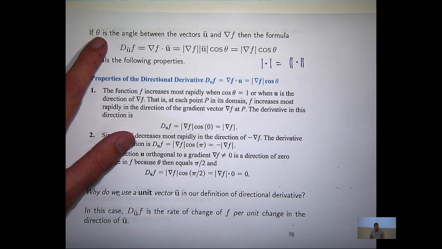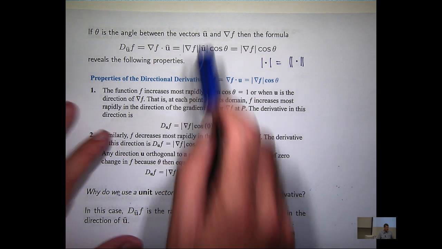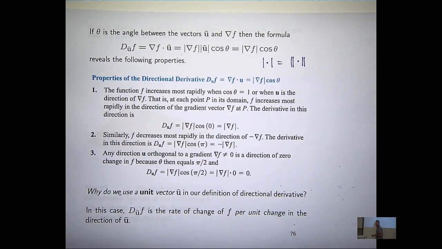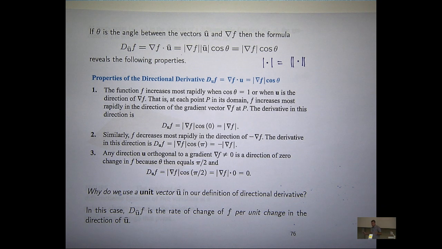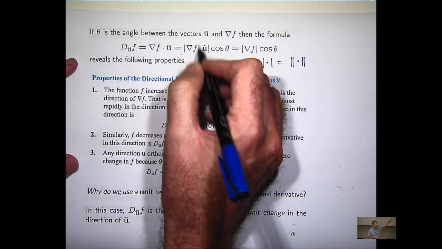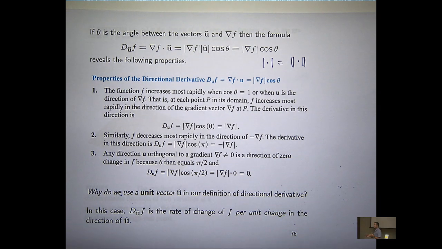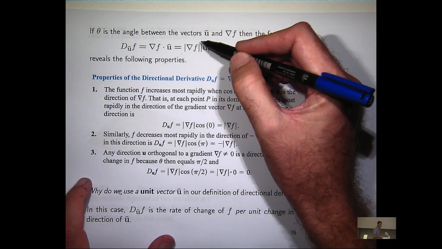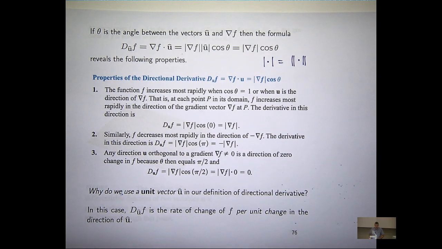If theta is the angle between the directional vector and the gradient vector, then because we can write the directional derivative in terms of a dot product, we can make the following conclusions about directions of maximum increase, maximum decrease, and direction of no change in f. Now, I know this is slightly confusing. By these, of course, I mean the magnitude of these vectors. I've just put one here and one here just to be consistent, at least on this page.